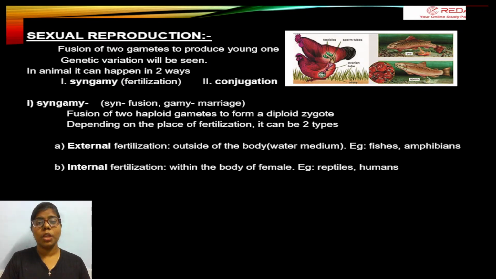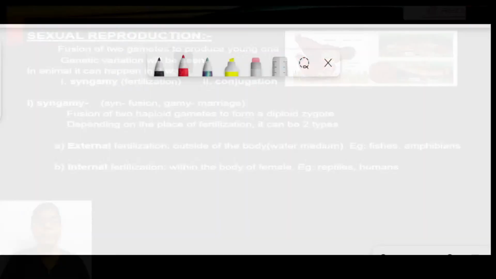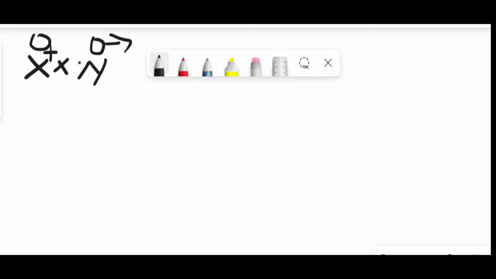When you say human beings, you will say X and Y chromosome. We can say X chromosome for females and Y chromosome for males, right? So we can say XX for females and XY for males. So each one is a gamete.